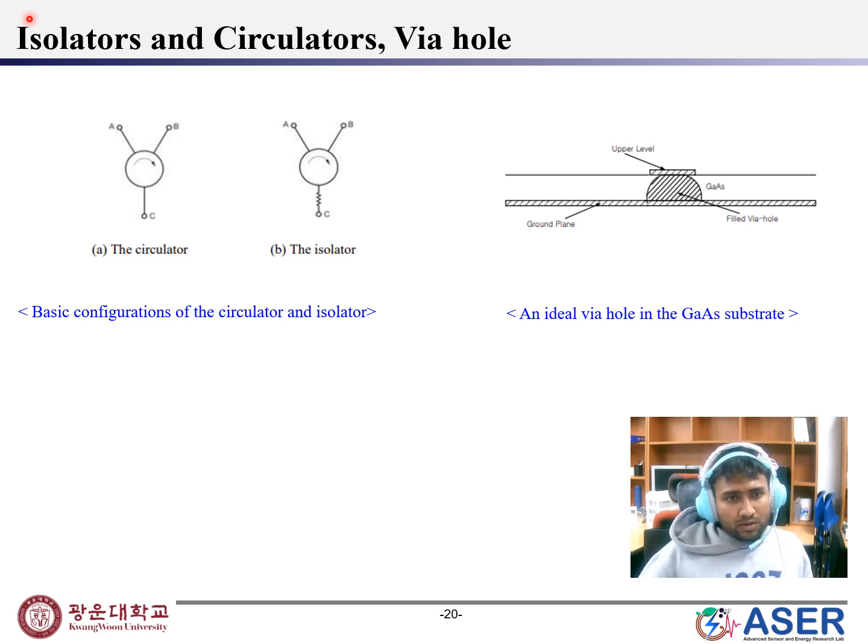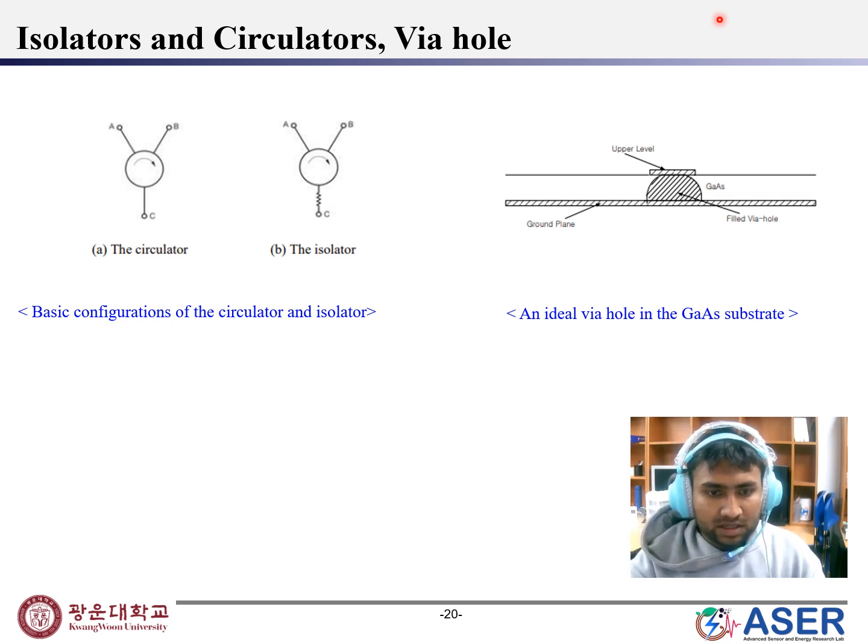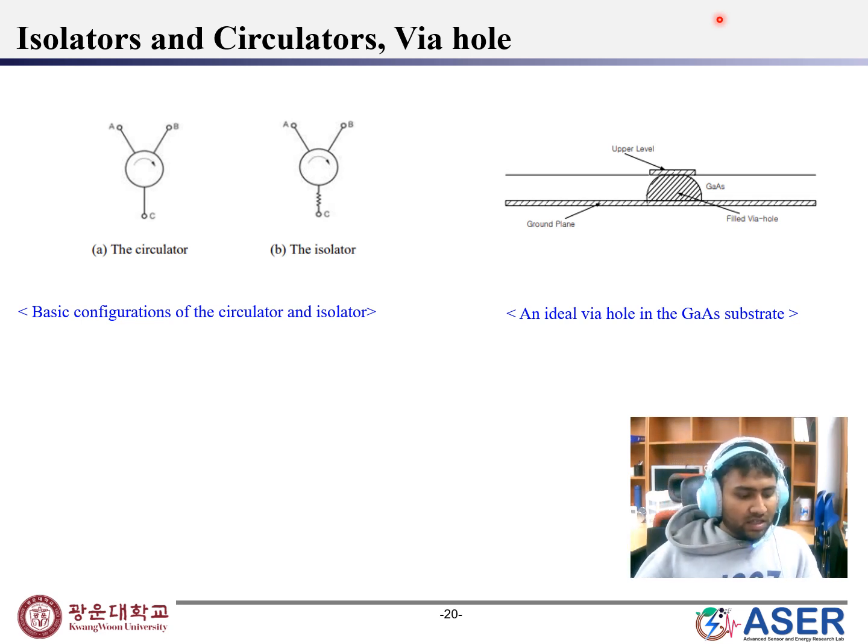And we can discuss an ideal via hole in the gallium arsenide substrate. Via holes are used in microelectronics to connect different metal layers in an IC circuit, but can also be used to electrically connect both sides of a silicon wafer.